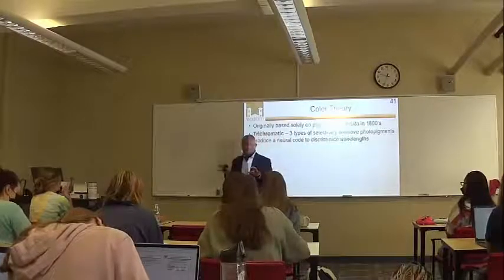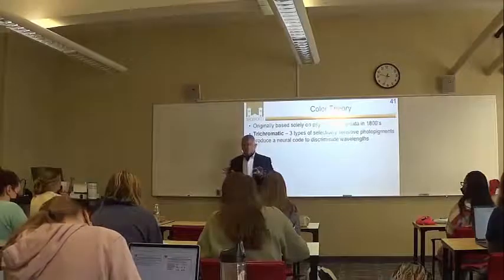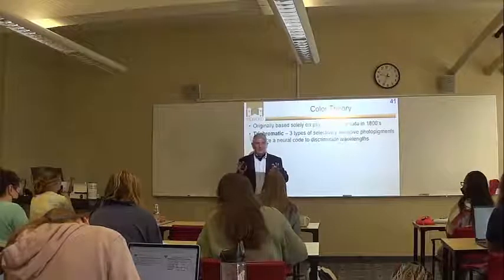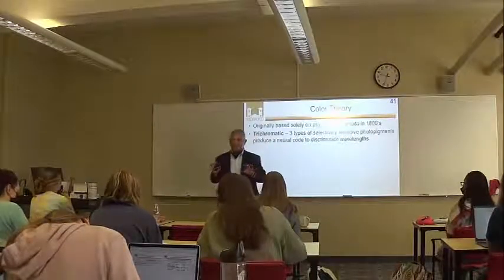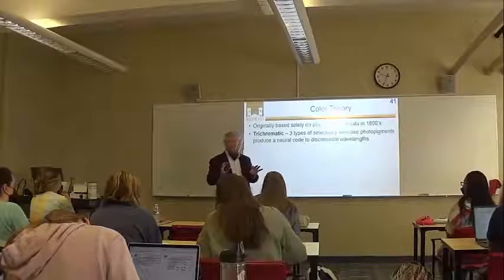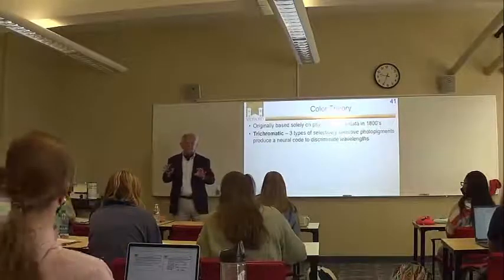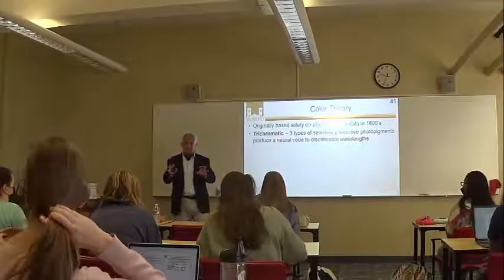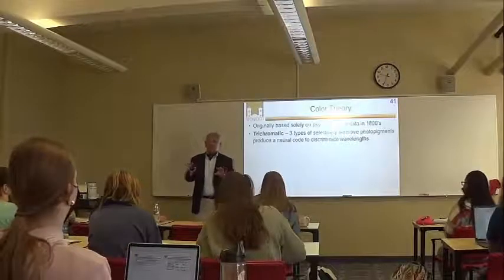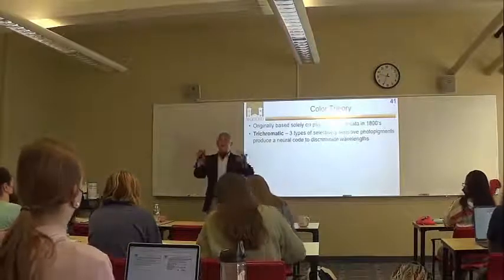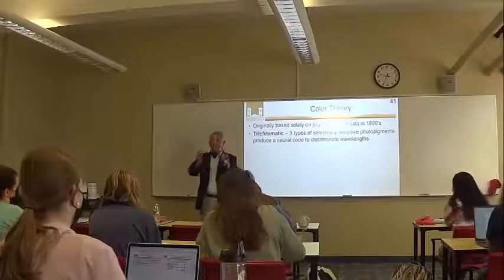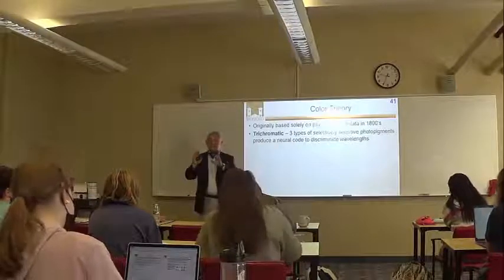What color is it? What color is in between green and red? What color would equally stimulate green and red? Yellow. Yellow, thank you. Yellow, right? So I can look at the pattern of the trichromatics and say, okay, that's yellow.